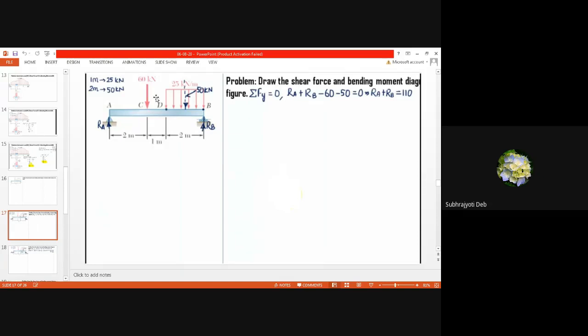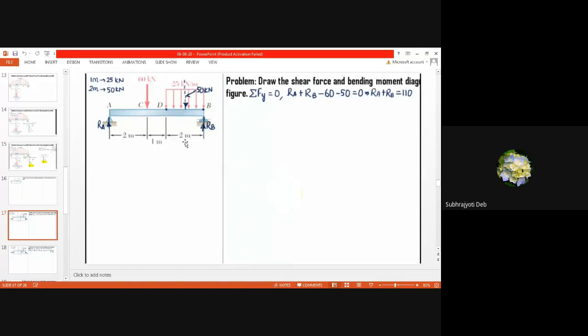Remember, in UDL, we can convert the UDL into a point load. UDL means 25 kilonewton per meter, that is, for 1 meter the load is 25 kilonewton.